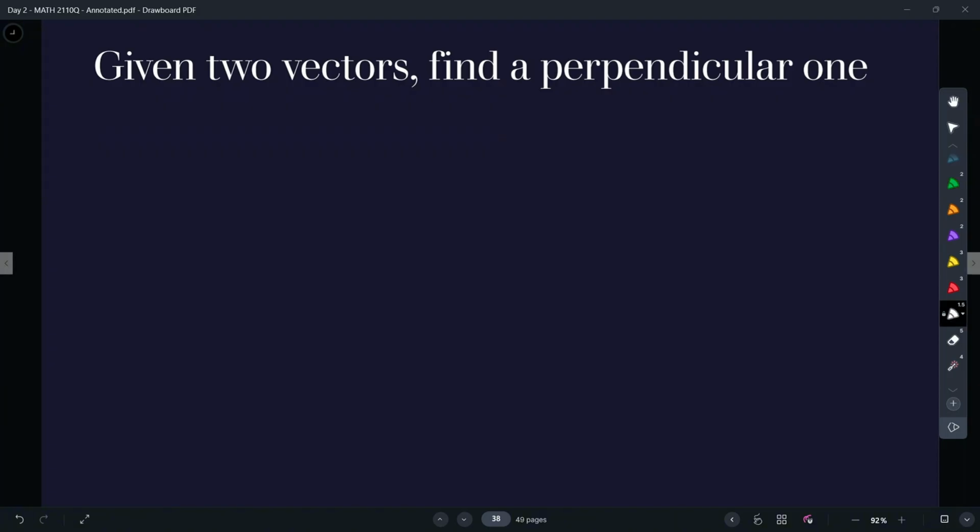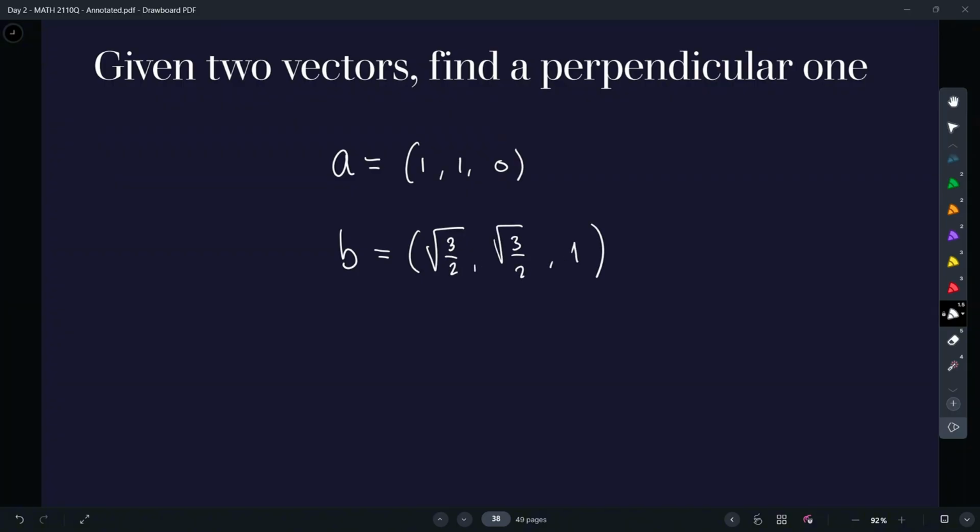So again, given 2 vectors, we're going to find a perpendicular one. How so? We have the dot product to help us. So suppose I have 2 vectors. For example, let's just give them names, like I had before. Let's say A is 1, 1, 0. And I have another one, B, let's say square root of 3 over 2, square root of 3 over 2, 1. And now I want a different vector that is perpendicular to these 2.